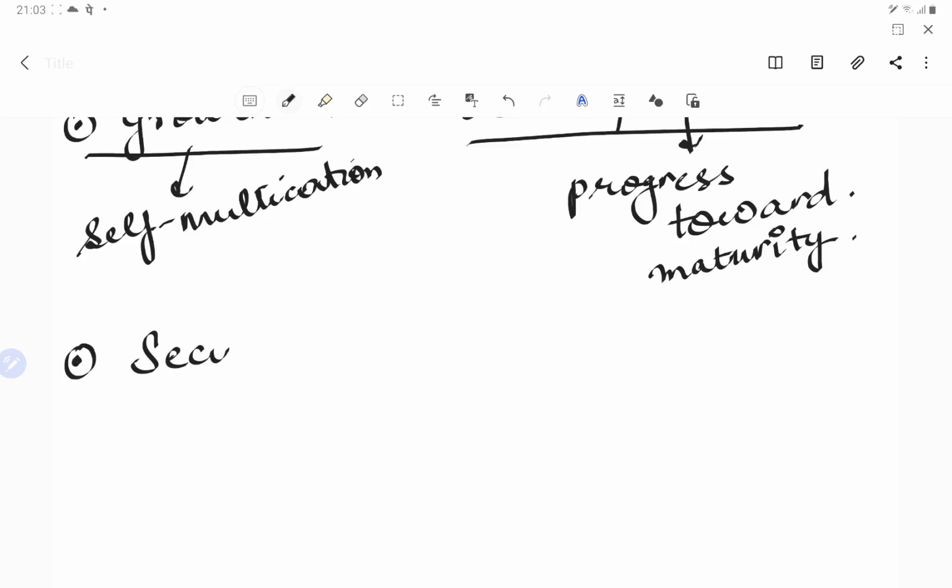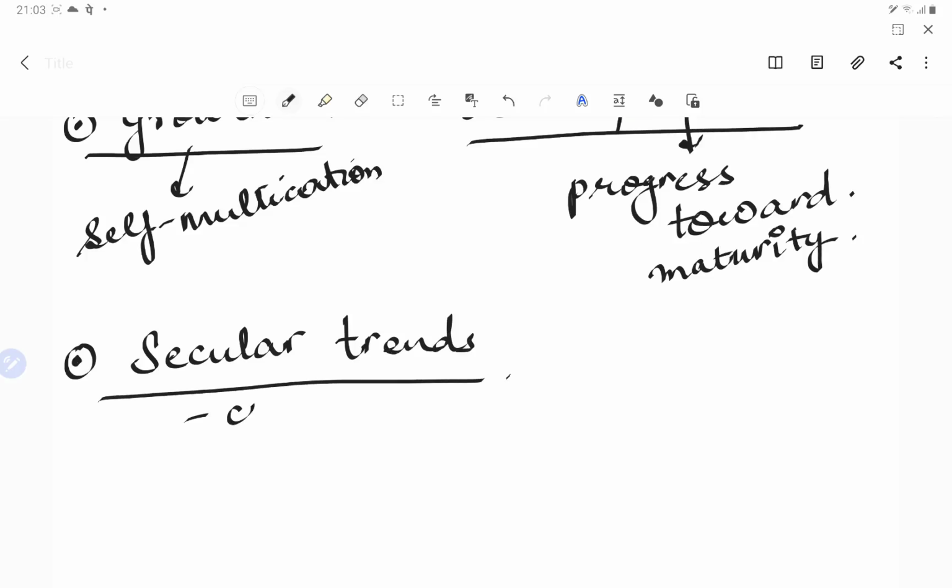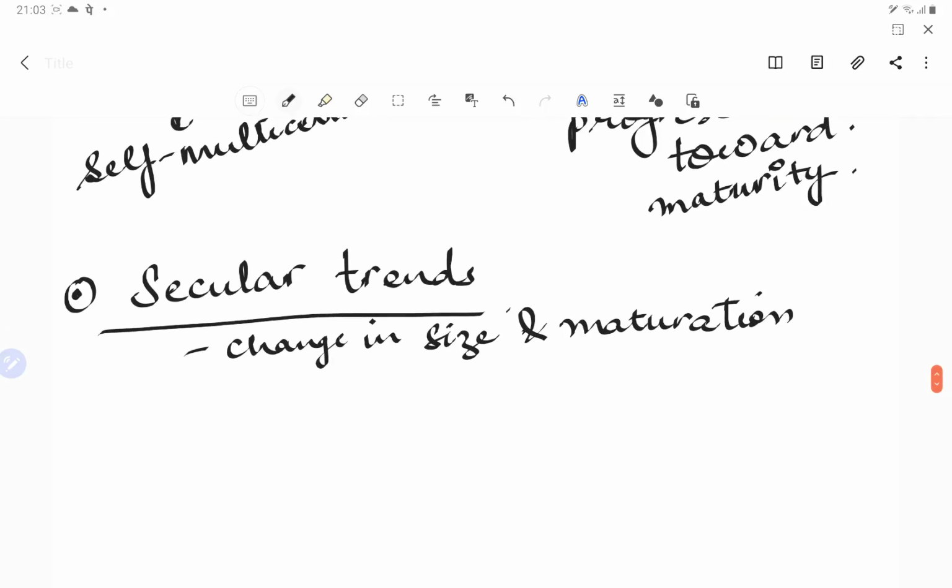Talking about secular trends, they are the change in size or maturation over a large population, which occurs over time.